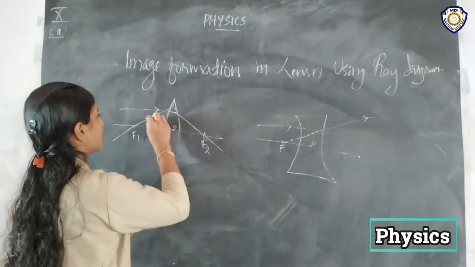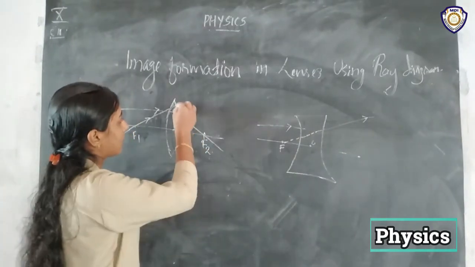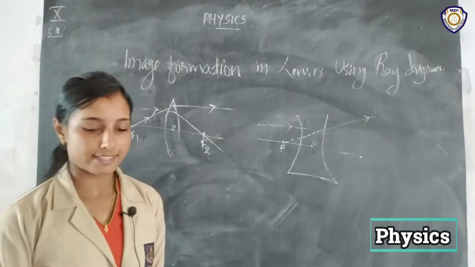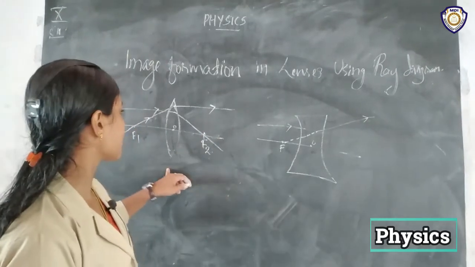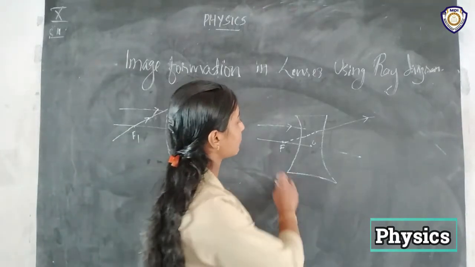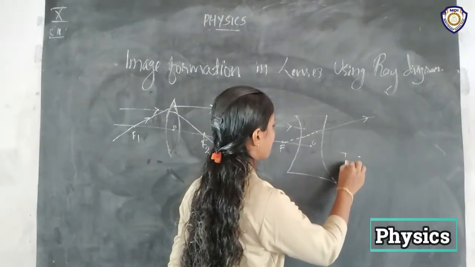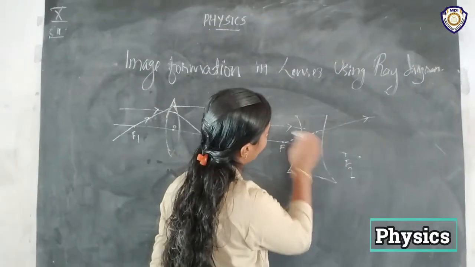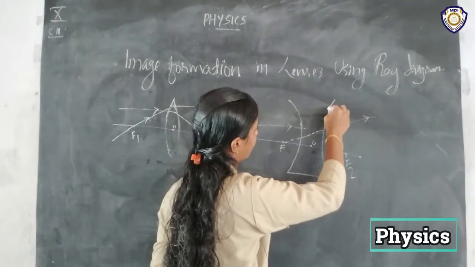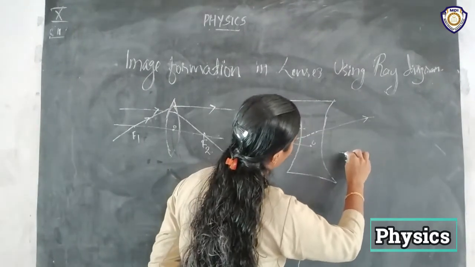After refraction it will emerge like this, parallel to the principal axis. This is the convex lens. And in the case of a concave lens, what happens? Here is also F2. Suppose we extend this lens also. Here is F2.